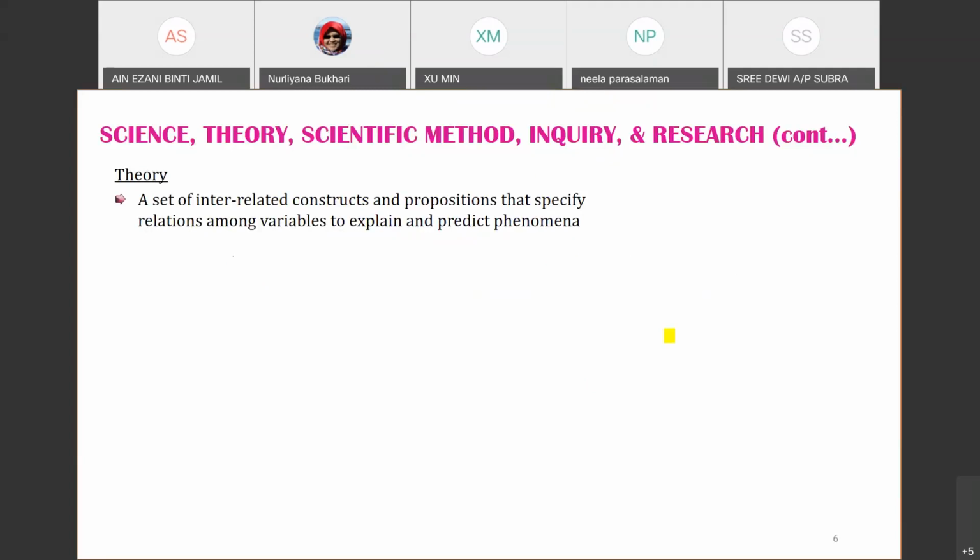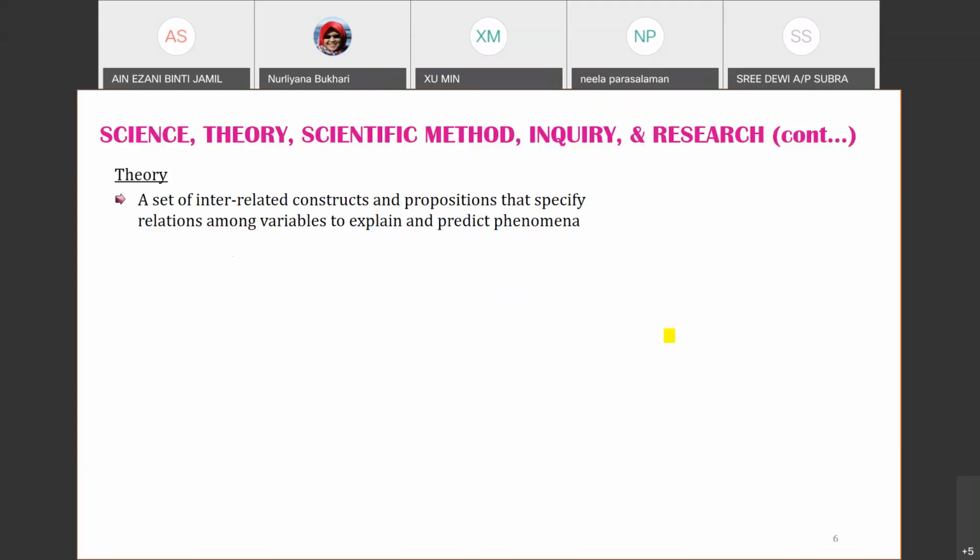Now the definition of a theory: a theory is a set of interrelated constructs. Constructs means variables. So how these variables or constructs relate to each other, and how these relationships explain or predict a situation.